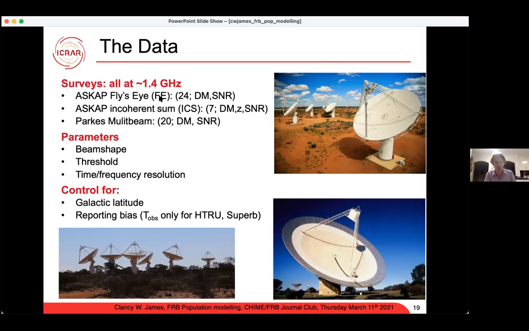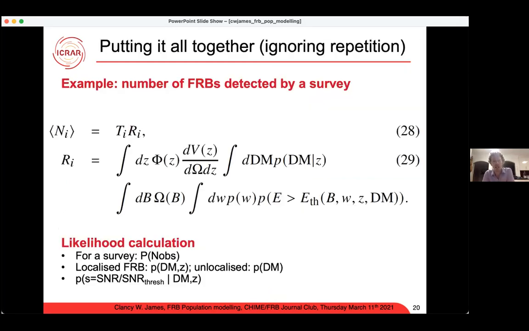Well, yeah, these two are subsets of all the bursts. And this one is simply, I'm only using the localized FRBs that were taken in L band, because we've got a few that were at lower frequency and different time resolutions, and it just wasn't worth the bother, to be honest.